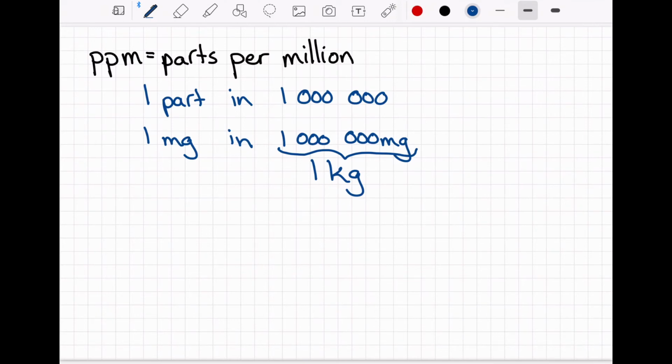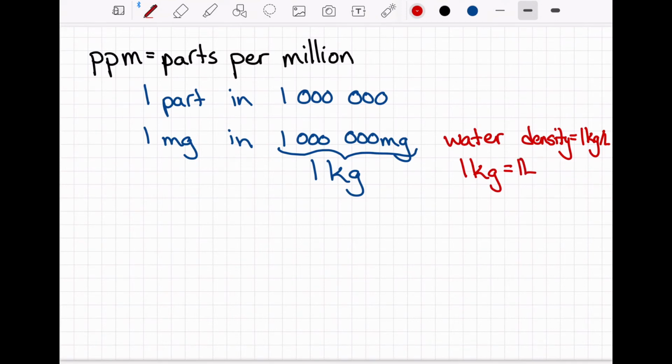And we also know that for a water solution, the density equals 1 kilogram per liter. Okay, which is to say that 1 kilogram equals 1 liter in terms of a water solution.